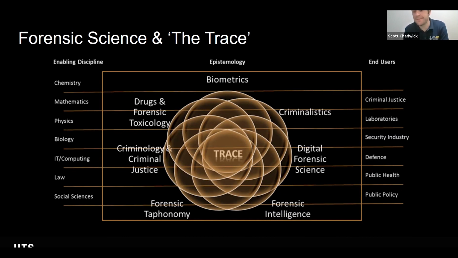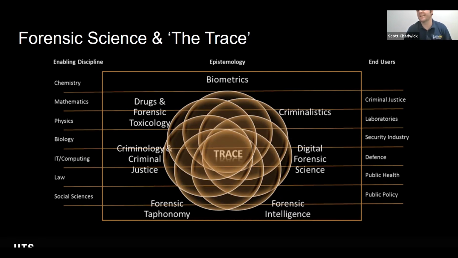So again, with the example of drugs and toxicology, if there are new drugs that are coming on the market, how does it affect people? Well, this is obviously helpful for the public health sector so that we can help treat overdoses or addiction. If there are new drugs that are problematic and we need to influence policy or legislation, well, forensic scientists are obviously going to be trying to provide as much information to the people that make laws and policy.